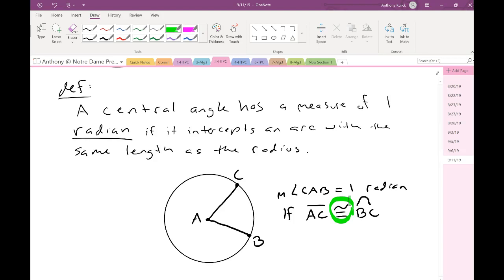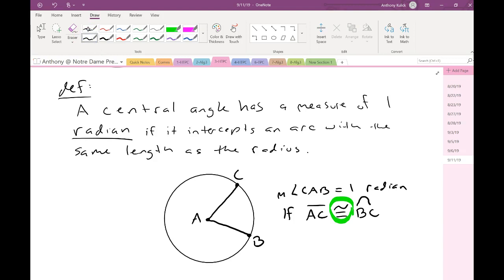They're not always congruent. When they are congruent, we give that angle the definition 1 radian. So just like to be 1 degree, we might define it as 1/360th of the circle. Okay with that idea?